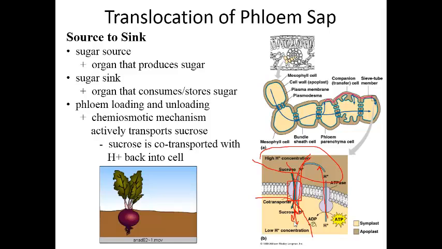So it's using the movement of hydrogens from high concentration to low concentration in order to load sucrose into the phloem, in order to move all that sucrose into the phloem. This is important because hydrogens going down the gradient is actually being used to load sucrose against its gradient.